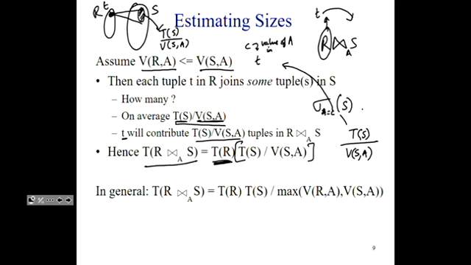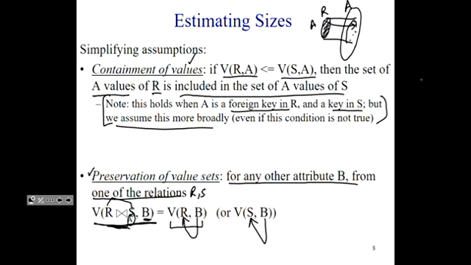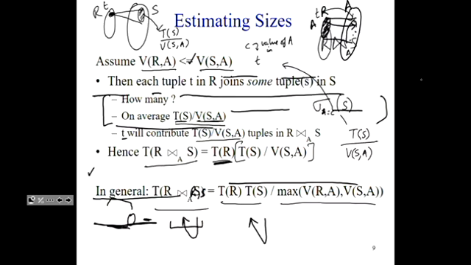Okay. So in general, if you have a join between R and S on A, then the size is T of R times T of S divided by the maximum of V of R comma A and V of S comma A. Okay, because if R is a larger relation, then you're basically going to assume value containment, or preservation of values, in one direction versus the other direction.